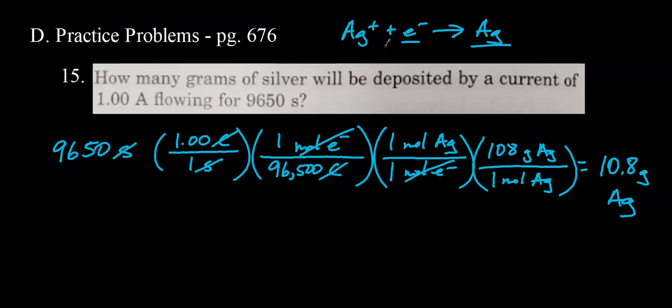So which electrode does reduction occur at? Maybe you forgot the specific names of the electrodes. The electrodes are called cathodes and anodes. So at which electrode does reduction occur? That, of course, would be the cathode. So the silver metal would be deposited on the cathode.